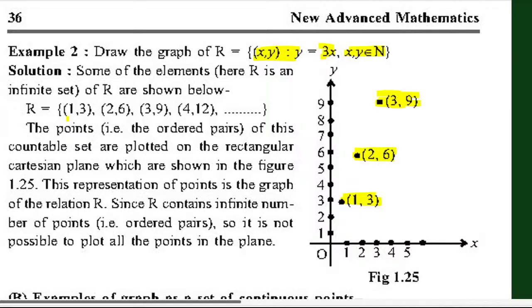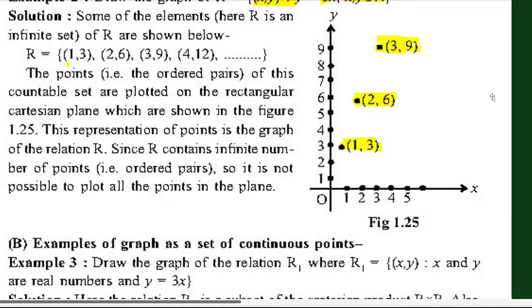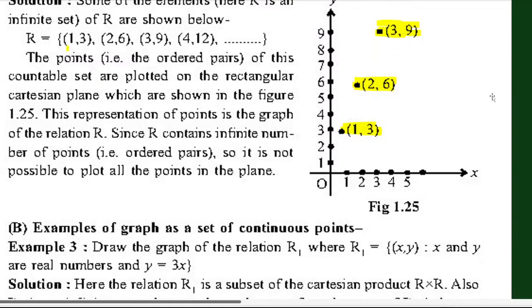So these are discrete points. Since R contains an infinite number of ordered pairs, it is not possible to plot all the points in the plane. So it will go on like this.